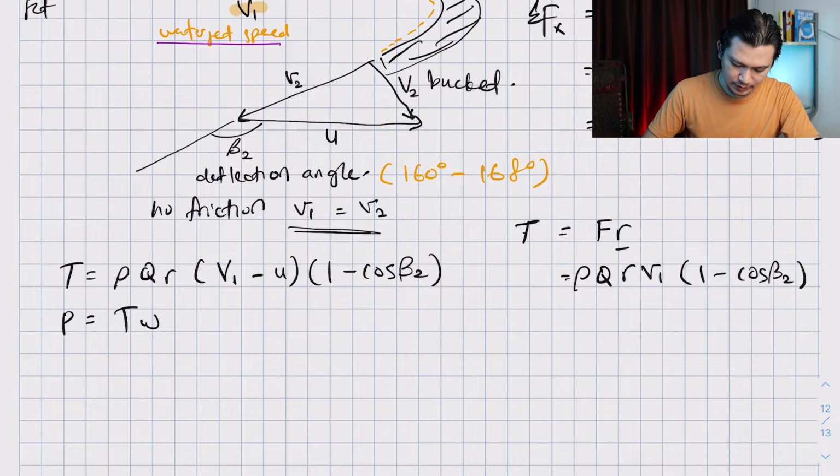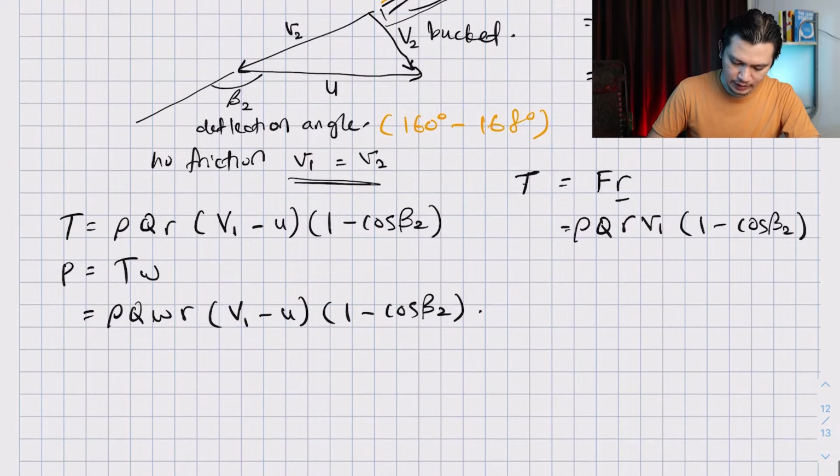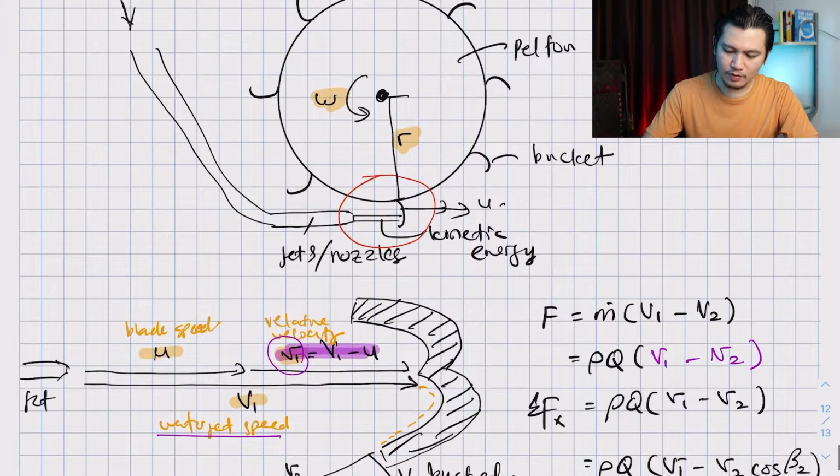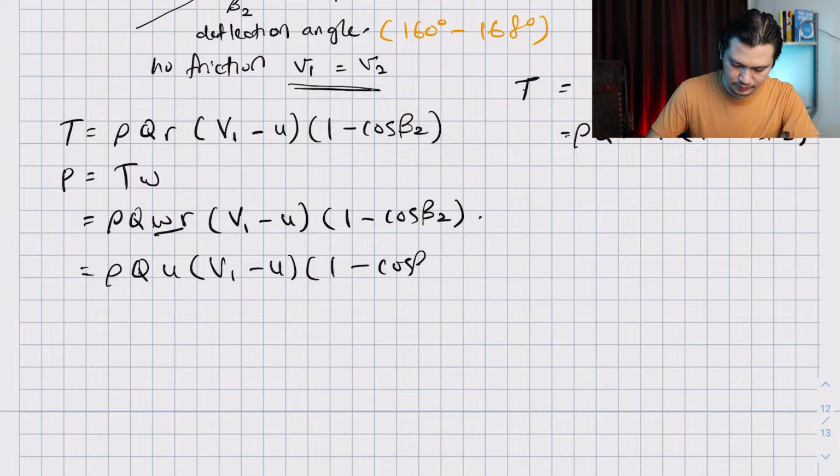So you have rho Q omega R (V1 minus U)(1 minus cos beta 2). Omega times R is equal to U, so this is going to be rho Q U (V1 minus U)(1 minus cos beta 2).